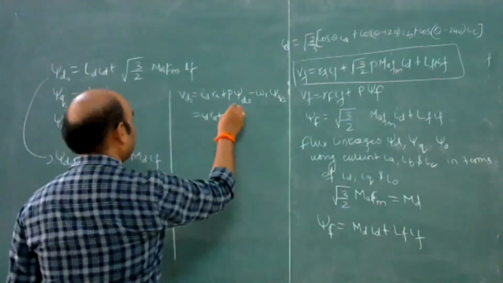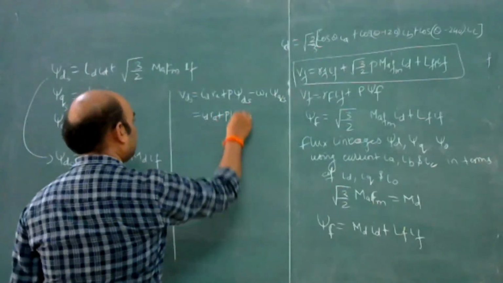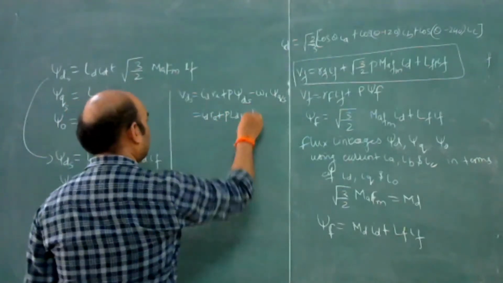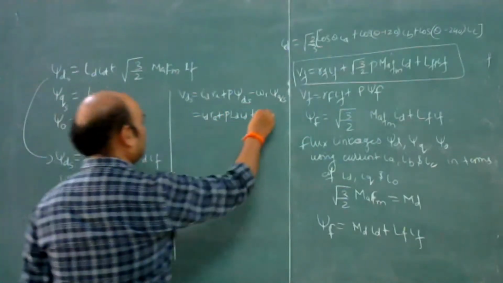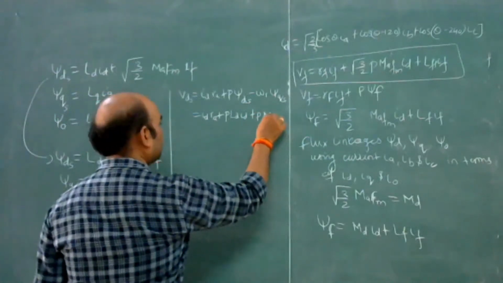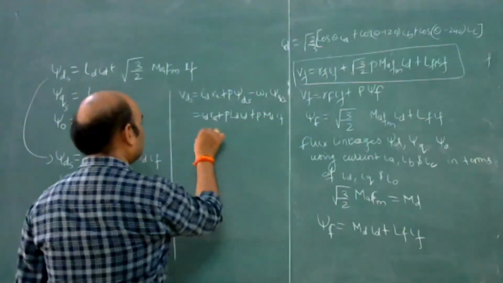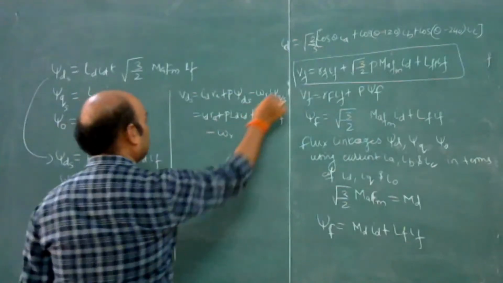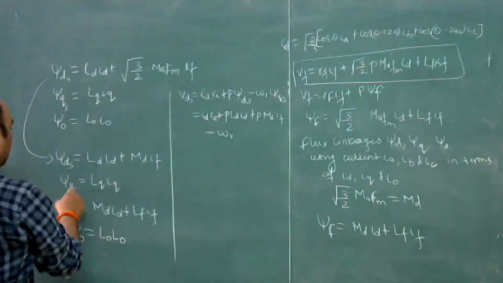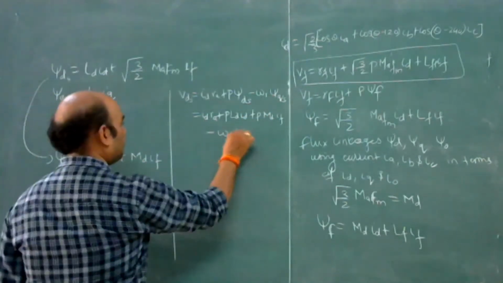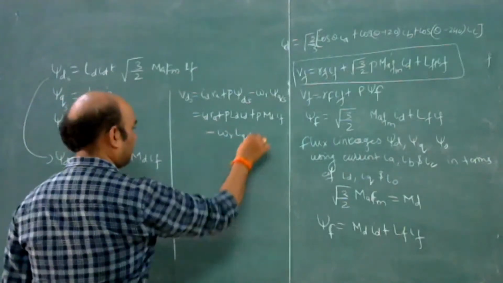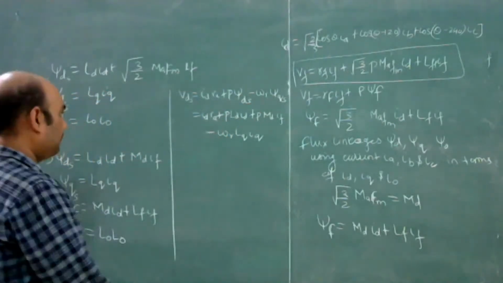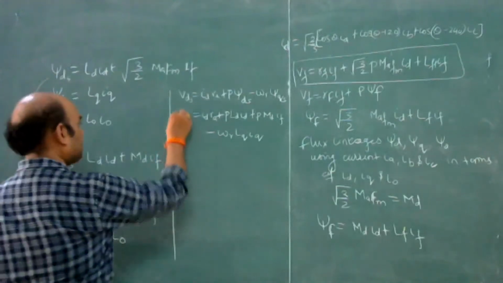So this will be LD ID plus P times MD IF minus omega R LQ IQ. So this is VDS.